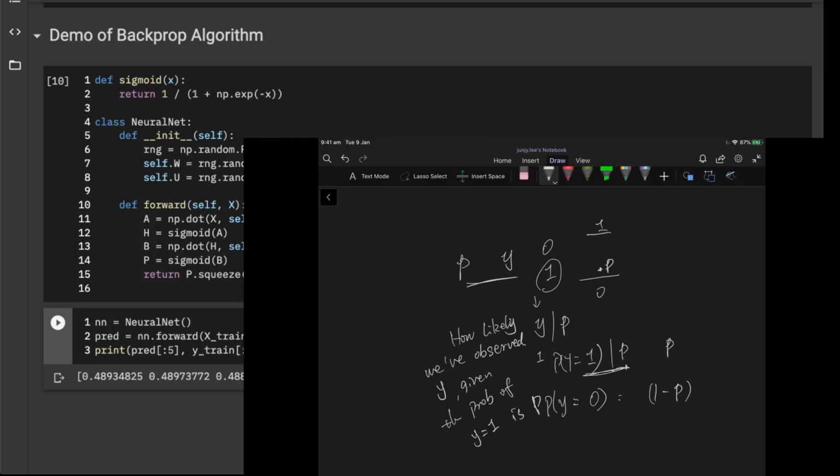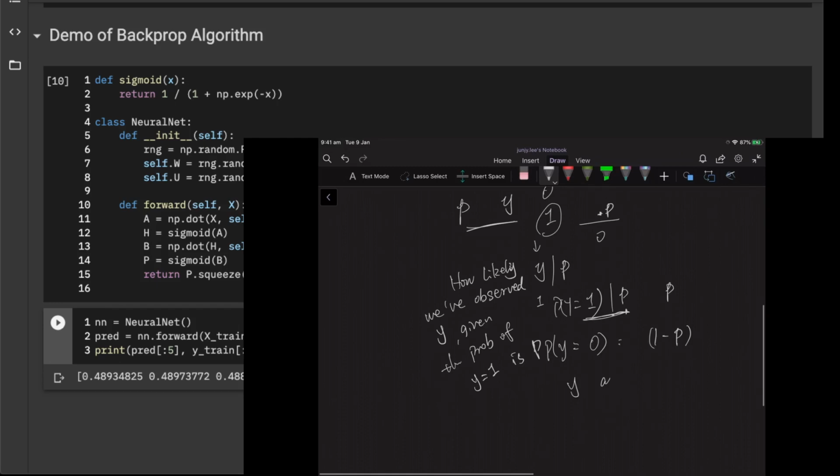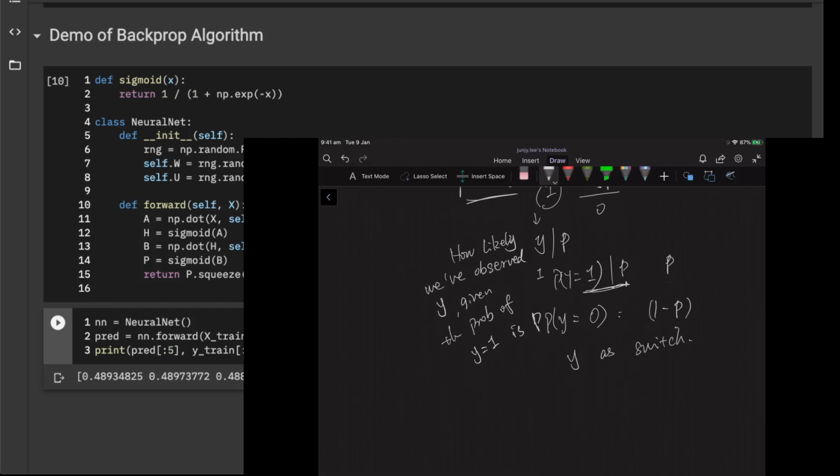If we summarize this argument mathematically, we can use y as a switch. Let's see, we make p to the power of y, times 1 minus p to the power of 1 minus y.